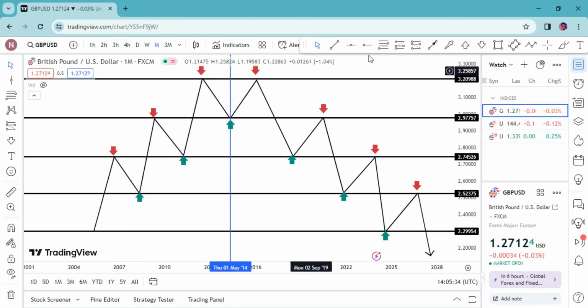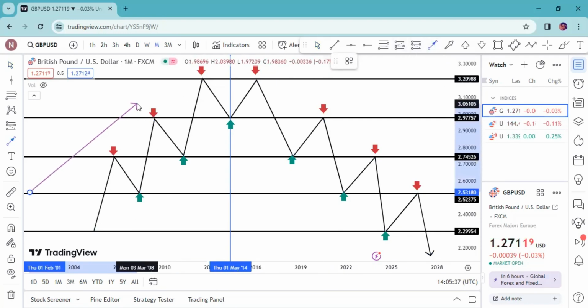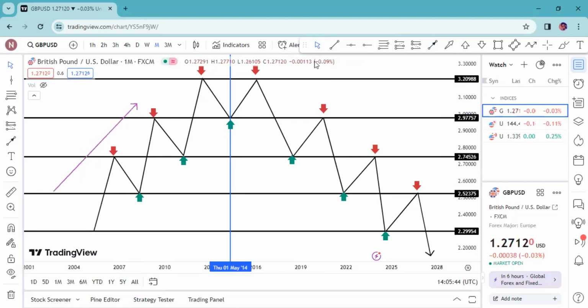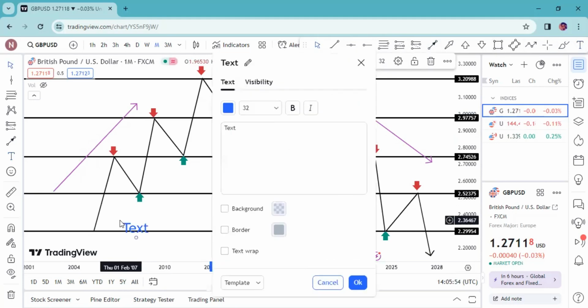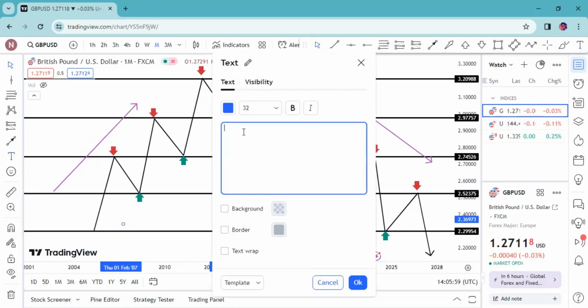So if you understand, the market moves in a bullish way and also in a bearish way. We call this one an uptrend.